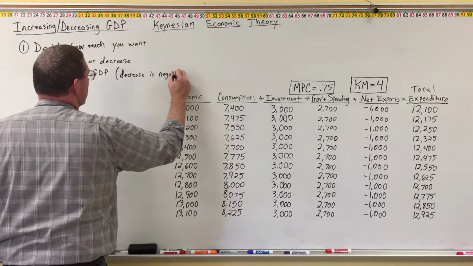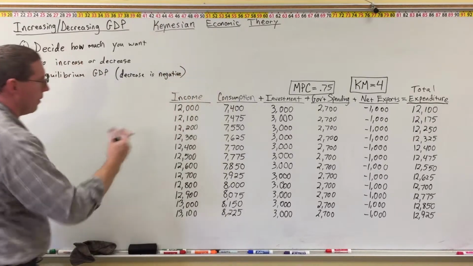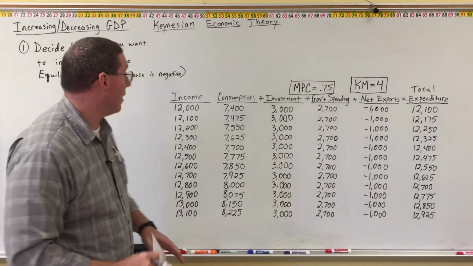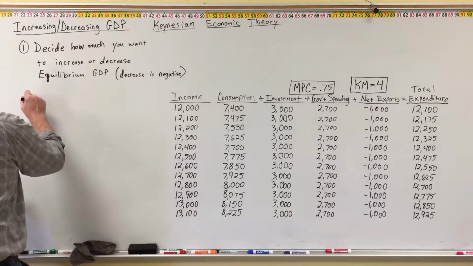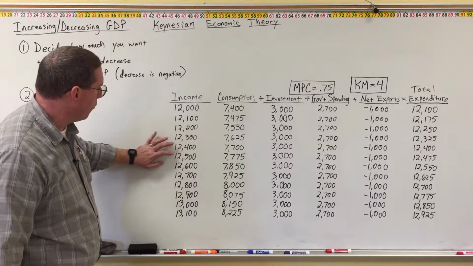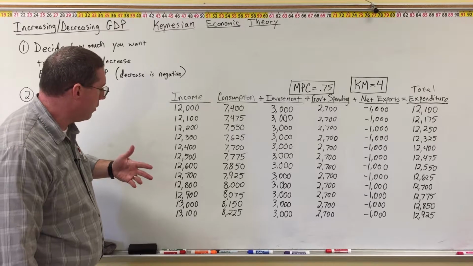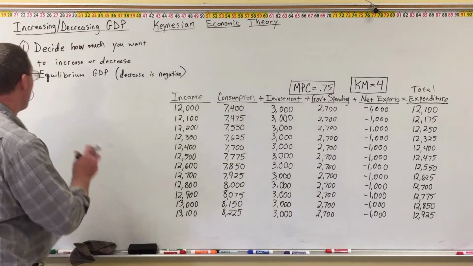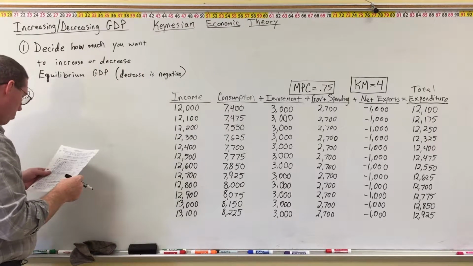Okay, so your change would be negative. You would subtract from investment, government spending, or net exports instead of adding. Okay, so you decide how much you want it to change. So how much do we want this to change by? If we want to go from 12,400 to 12,500, it's going to change by 100. Okay, so for us, our change is going to be 100.